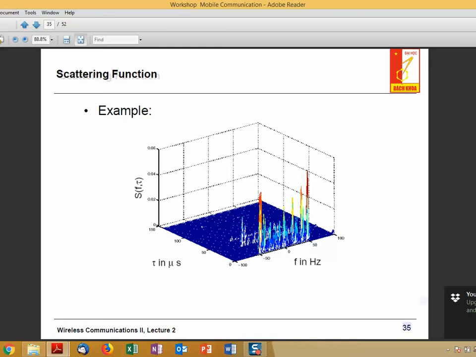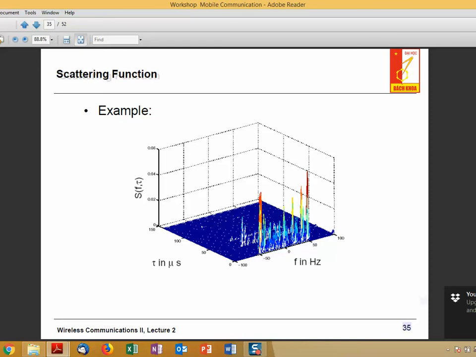So the thing is the power for the longer distance is smaller than the power for the closer distance. It means that for the closer distance you have more power, longer, less power, more longer, nearly zero.